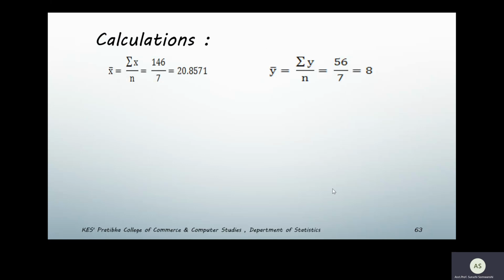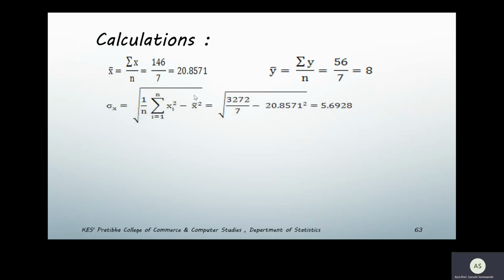Summation of x is what we just calculated in the above table, which is 146. After simplifying this, we will get 20.8571. Similarly, y bar, the mean of y, is summation of y upon n, which is 56 by 7, which is 8. 56 is again the summation of y calculated in the above table.